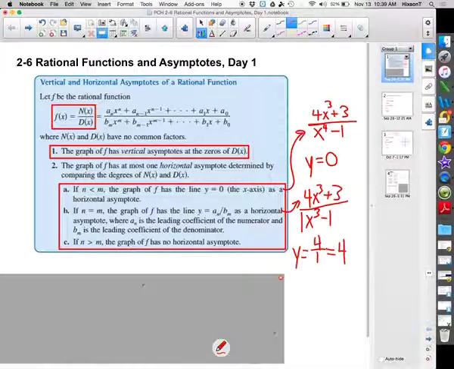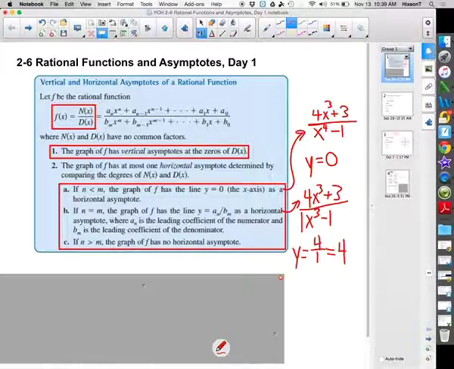Now, one connection I'll make here is that this actually gives you a little bit of a preview. If you're going to go on and study any level of calculus, you'll learn about limits.